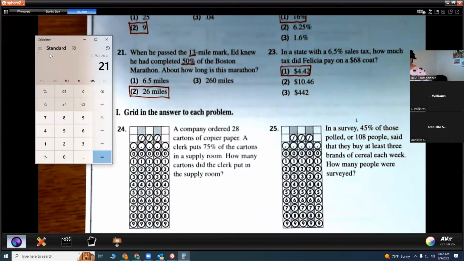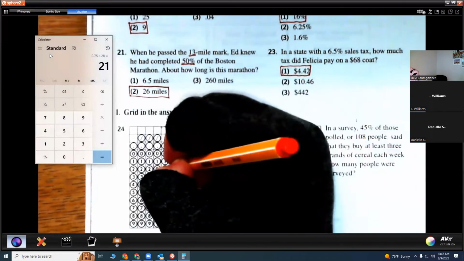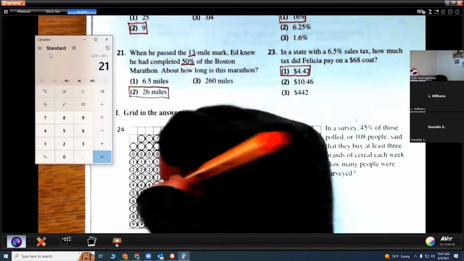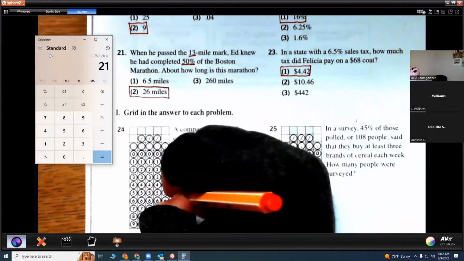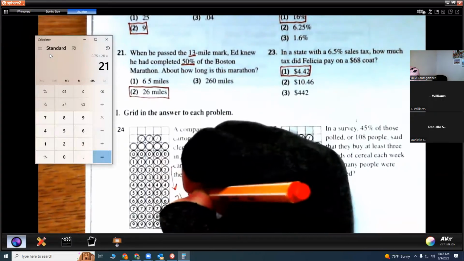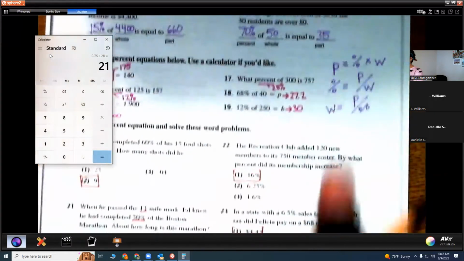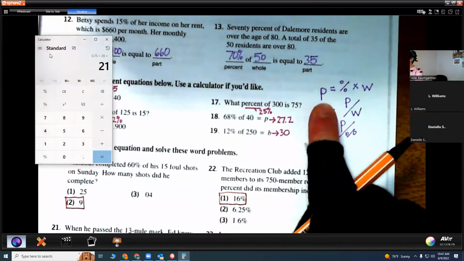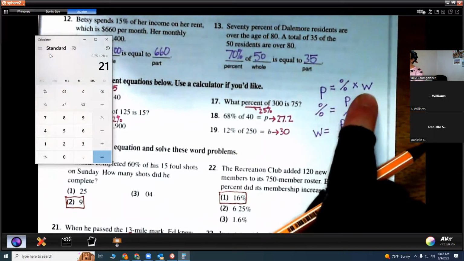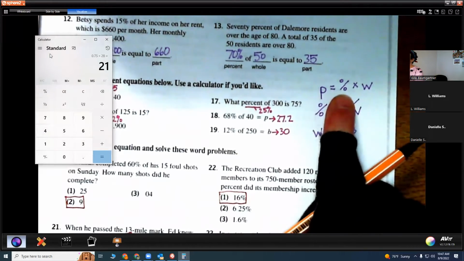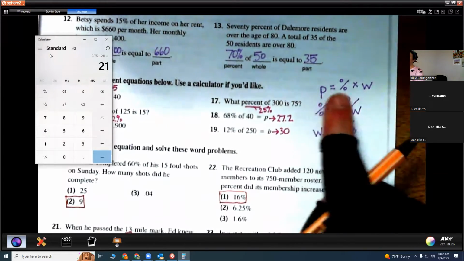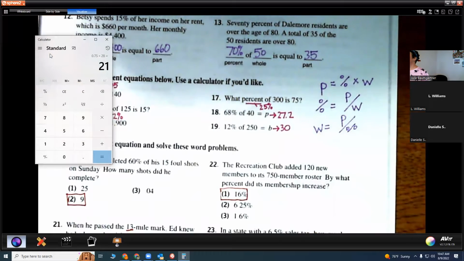So 21 cartons of paper. We want to find the part. So they're saying, here's a whole, what is such and such percent of it? That's when we multiply.